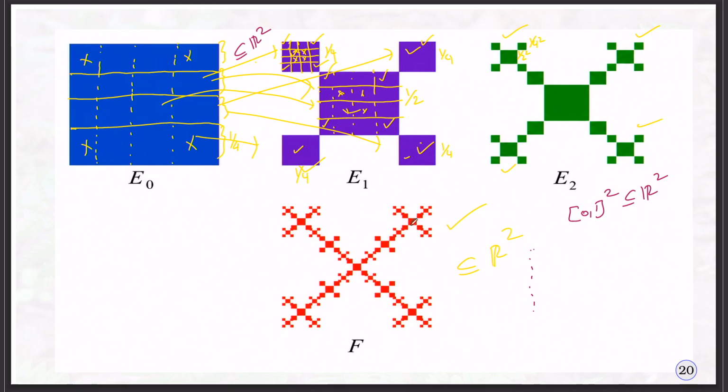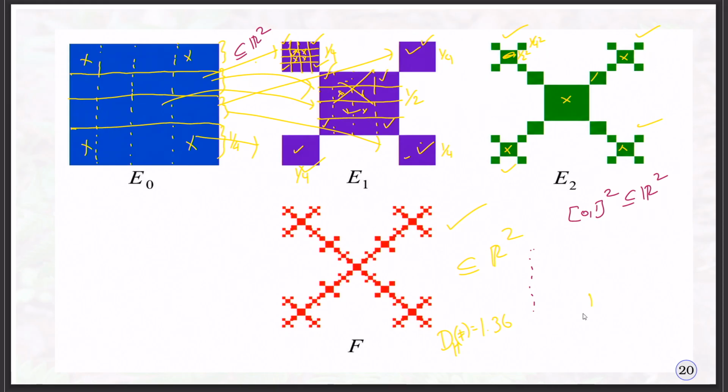Now, you just see the figure, this is contained in R power 2, we are using 2 different ratios, and the dimension of this attractor in R power 2 is approximately 1.36, the box counting dimension of this F. Whereas we previously constructed a set by using the single ratio 1 by 4, without this center part, it will split into 4 sets, and it has the box counting dimension 1.